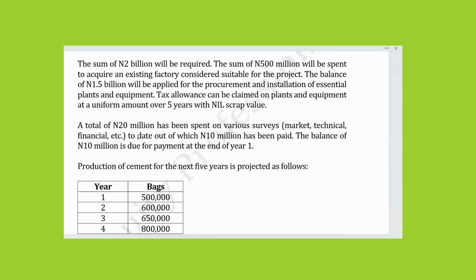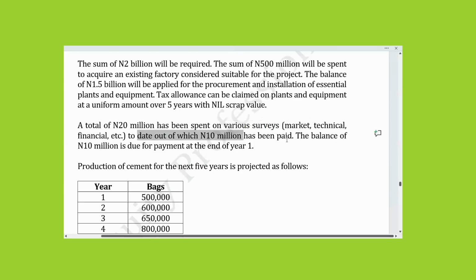They represent the costs that have already been incurred. All right, this 20 million naira has already been incurred, irrespective of when the payment will be made. You are told in the question, because the examiner is trying to test your understanding, that out of the 20 million, 10 million has been paid. The balance of 10 million is due to be paid.